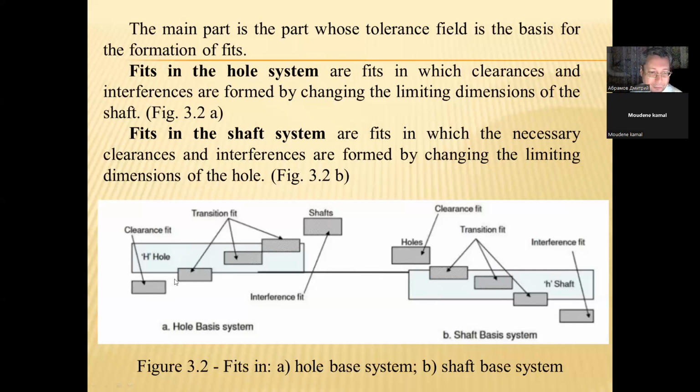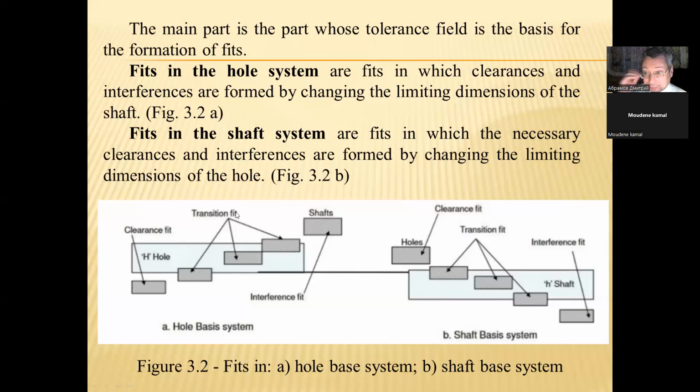This is the tolerance field of shaft 1, and this is the tolerance field of shaft 2. So if we use this field, we have a clearance fit. If we use this field, we have an interference fit. If the tolerance fields cross with the tolerance field of the hole, it's a transition fit.